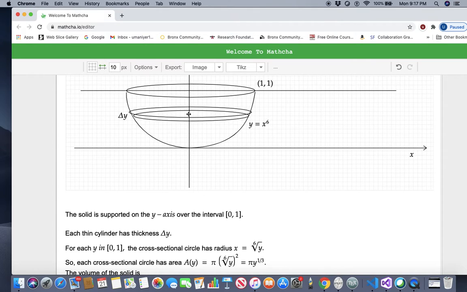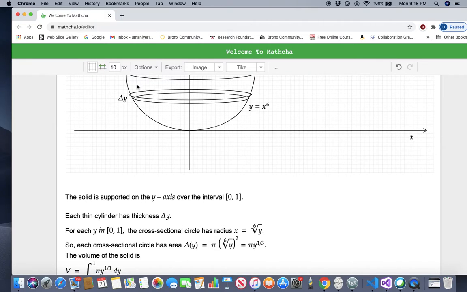So what's the radius of this cross section? You start from the center and go across to the right, so you're looking at the x coordinate of this point. The x coordinate of this point is the 6th root of y.